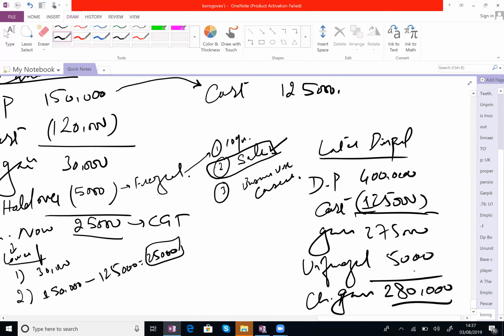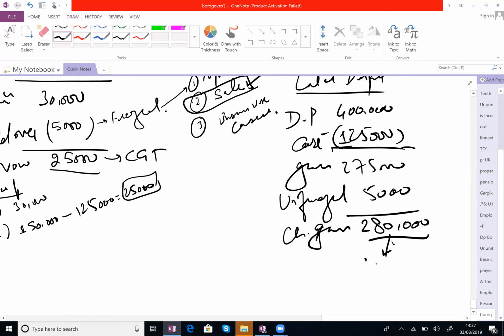Right? On this gain you have to pay the CGT. So holdover means frozen, and it becomes chargeable when you sell the asset in future. Then you have to add this unfrozen gain to the gain. Or when 10 years have passed, or business use is ceased. Clear? Yeah.